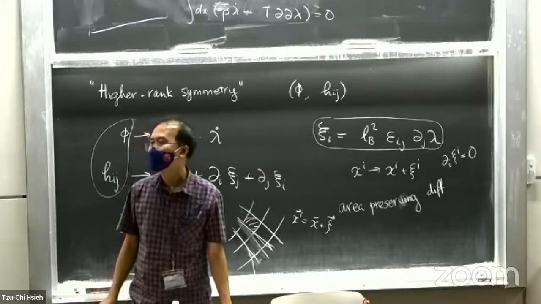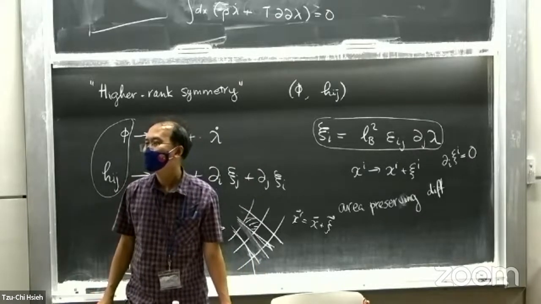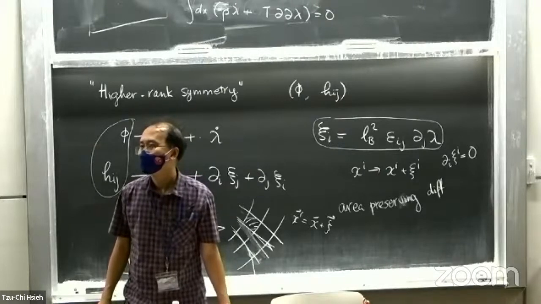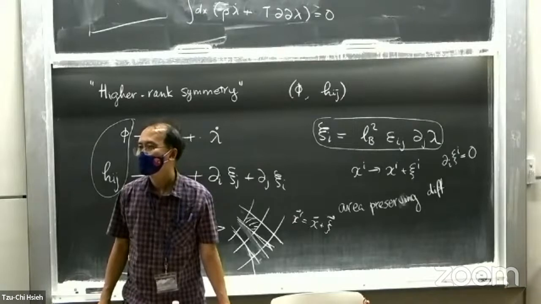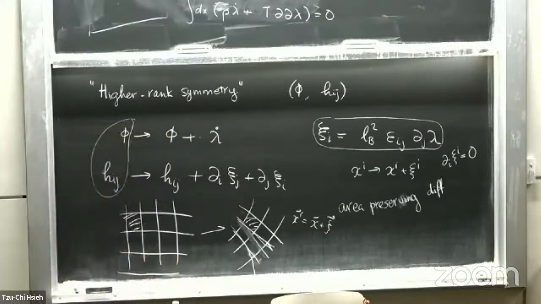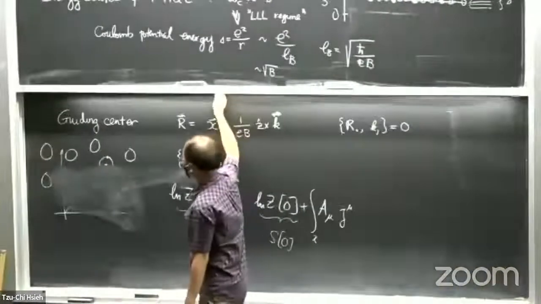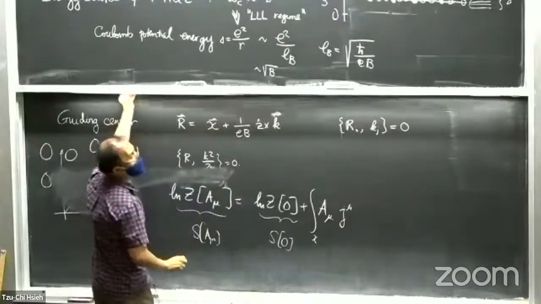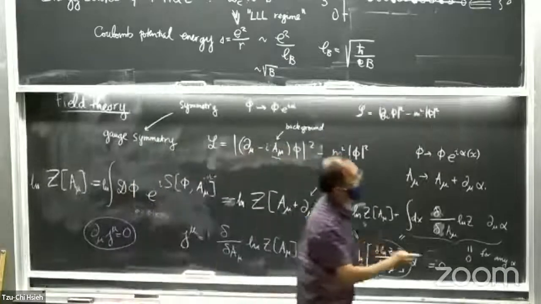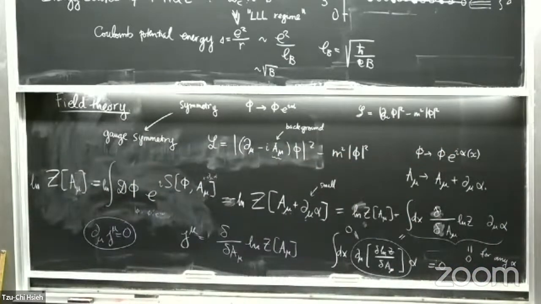In fact, this is a higher rank, let's say vector charge, theory. It's actually equivalent to one of the theories that Bradlyn and Read considered, the so-called traceless theory.